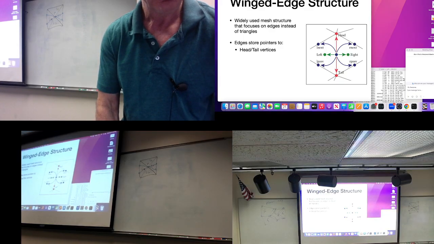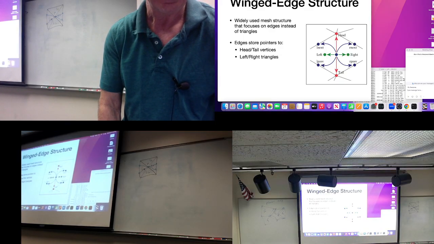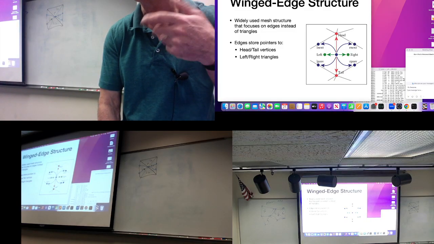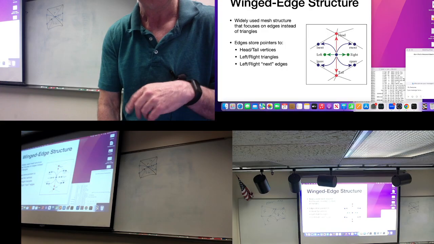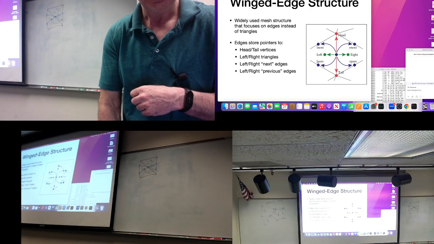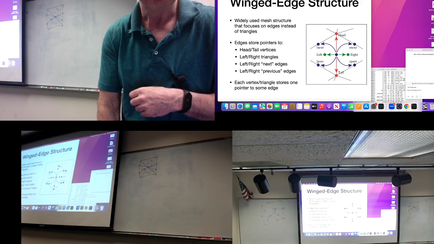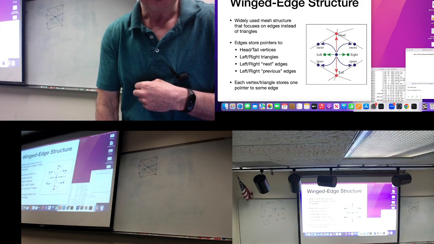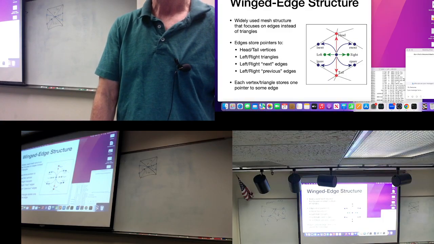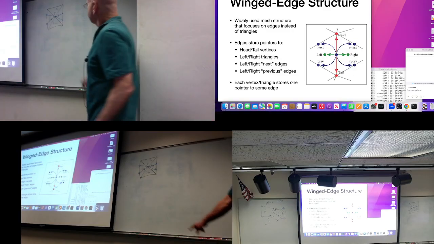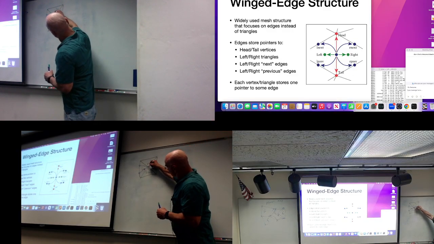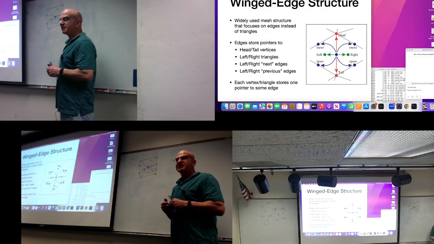So the edge stores pointers to the head and tail, pointers as indices of vertices in the array of vertices, as usual, not the vertex itself. Next and previous edges. And how can I discover all the edges that touch V, over here in the center?